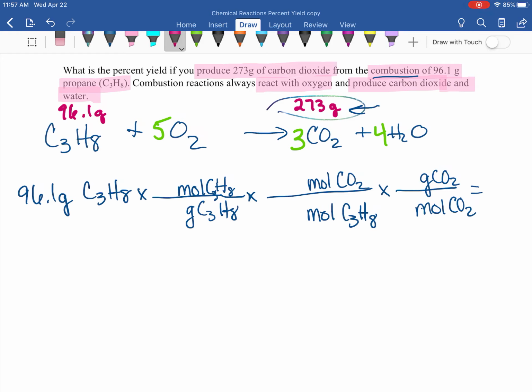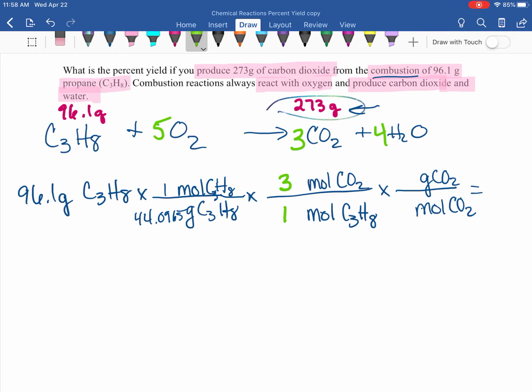Let's figure that out. We've got 3 carbons, so 3 times our 12.011, plus 8 hydrogens, so 8 times our 1.0079. I get 44.0965. All right, let's put in our mole ratio. For every 3 moles of carbon dioxide, we're going to use 1 mole of propane.